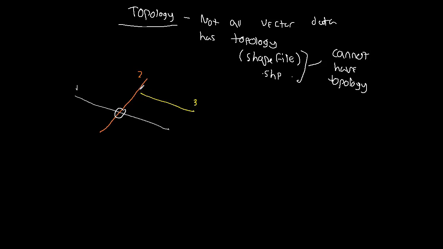Another thing to think of is to look up here. I know I sometimes have bad drawing skills, but I purposely left this gap here between this road and this road. I guess I should clarify, this is a road network. Again, just think about the most useful case scenario for roads in GIS, which is navigation.